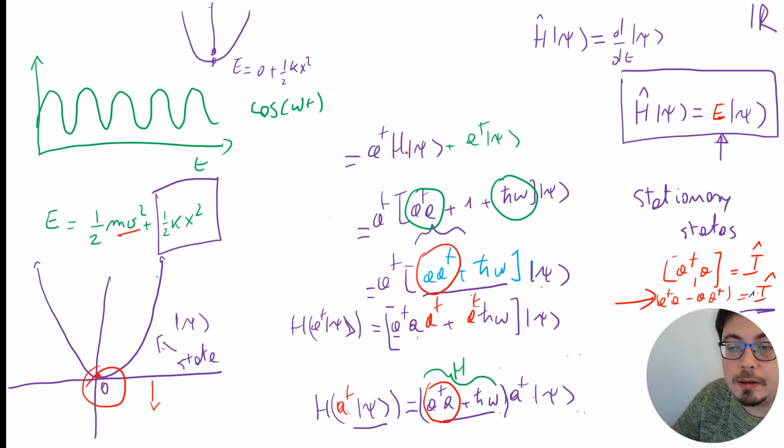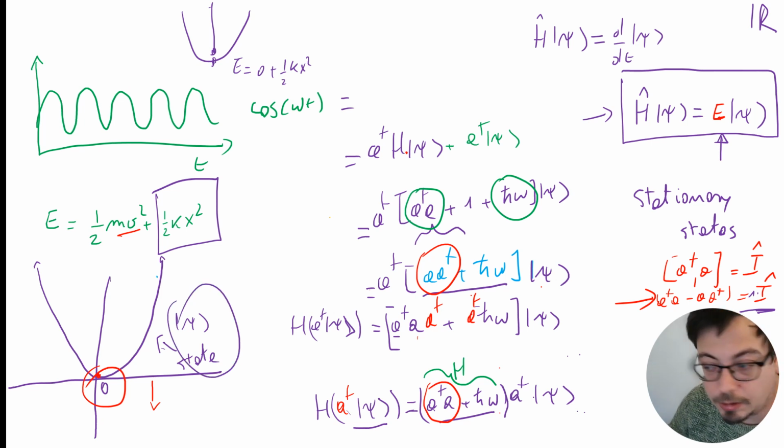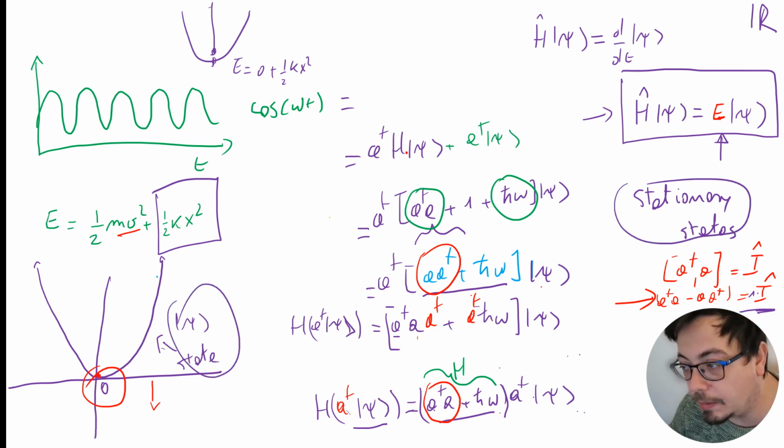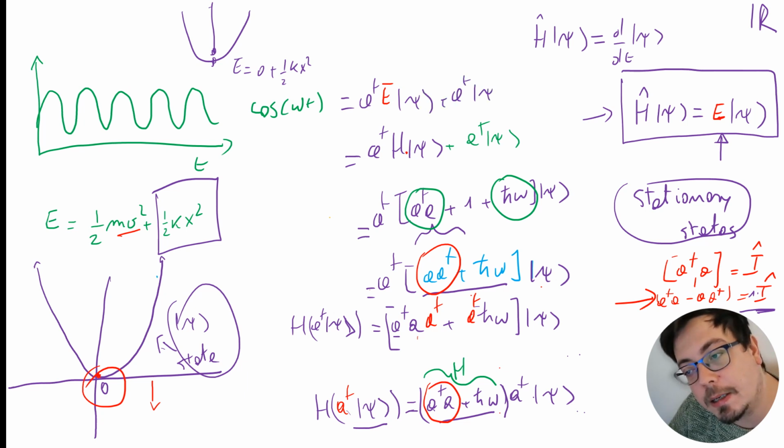Because now H A dagger psi, we use this equation here because we're using these stationary states that we talked about, which means E. So this actually means A dagger E, which is a number, energy, plus A dagger psi.